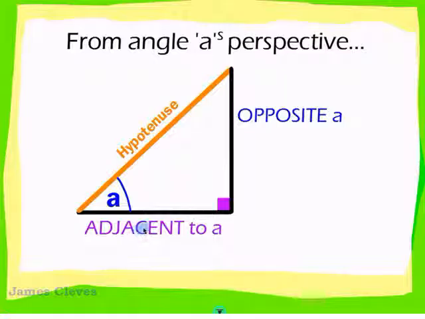This side is adjacent or next to the angle, so we call it the adjacent side. Adjacent just means next to. All the sides are labelled with respect to the angle that we chose, apart from, of course, the hypotenuse, which is always the one opposite the right angle, and it's always the longest side.